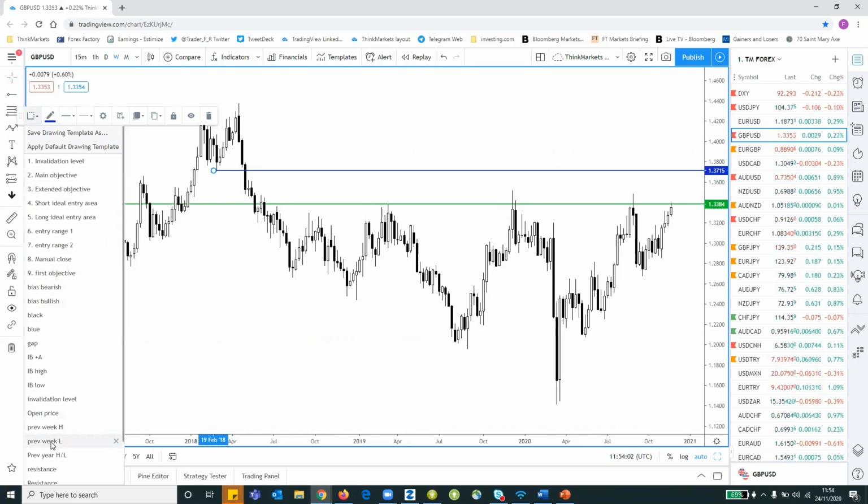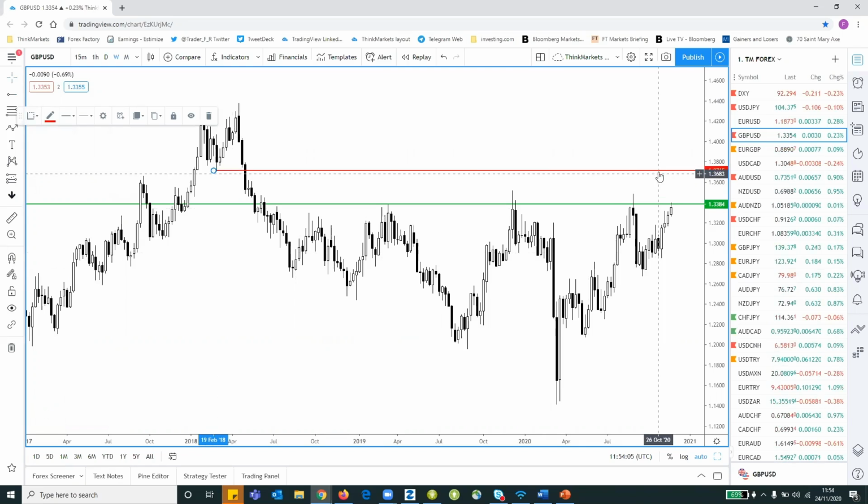It could go on for months, really. We don't know. And interesting that you mentioned this level here. It has, as you mentioned, been tested several times. I think the more a level gets tested, the more likely it is that it will break.